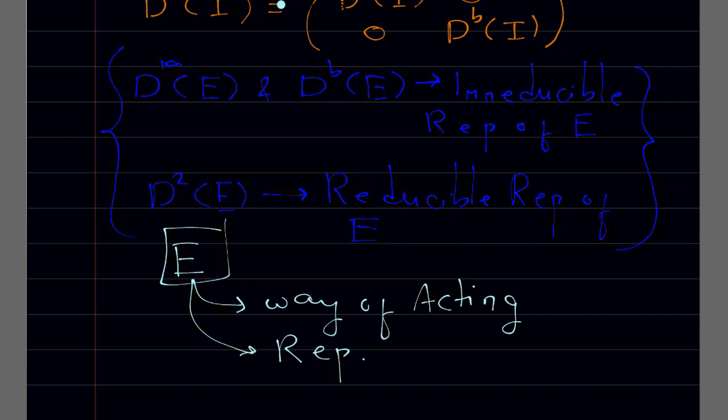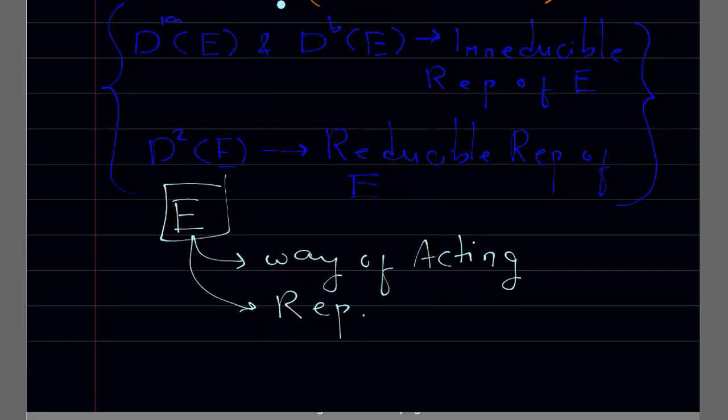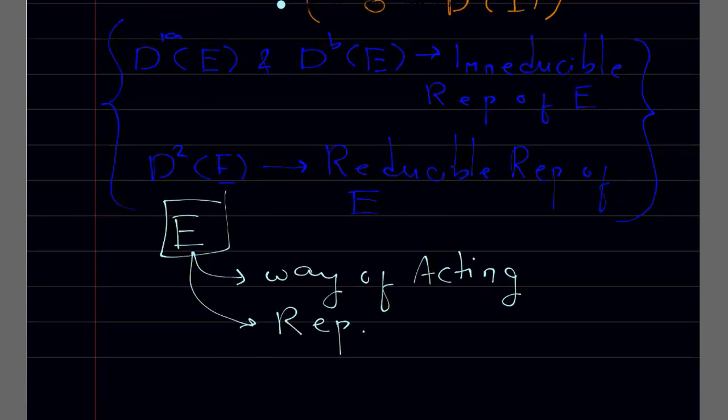Now, the interesting thing that we saw here is that if you use the action of E on a basis set which has two linearly independent functions, you got a 2 cross 2 representation of E. You can also have a 3 cross 3 representation of E depending on your basis.